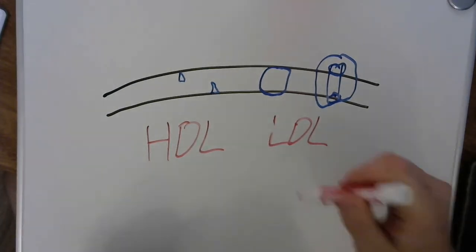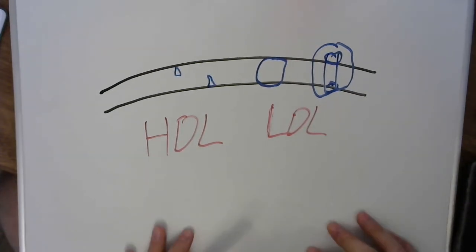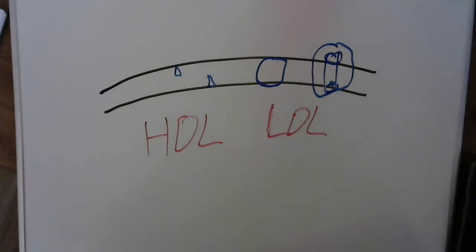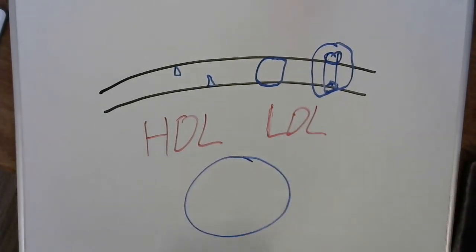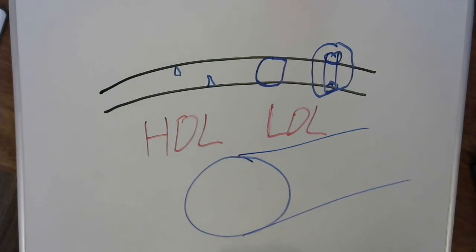And LDL leaves the liver and goes into your arteries. So why is that bad? Well, your arteries are that vessel, right? And there's a lot of flow of blood going through, right?